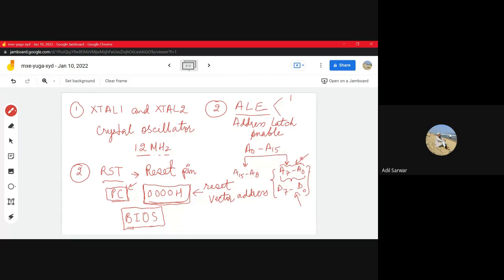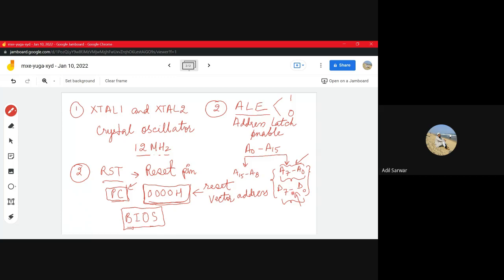And when ALE is equal to 0, then data is either going out from the microcontroller or being received by the microcontroller. Definitely both do not happen at the same time. It happens one at a time.